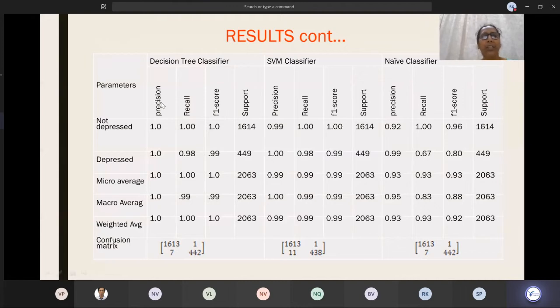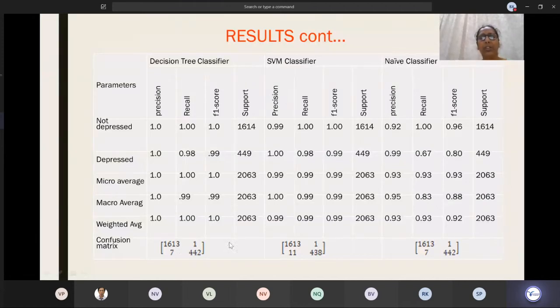The parameters used are the precision, the recall, the F1 score, and support for all three classifiers: not depressed, depressed, micro average, weighted average, and the confusion matrix for the three classifiers: decision tree classifier, SVM classifier, and Naive Bayes classifier is shown here.